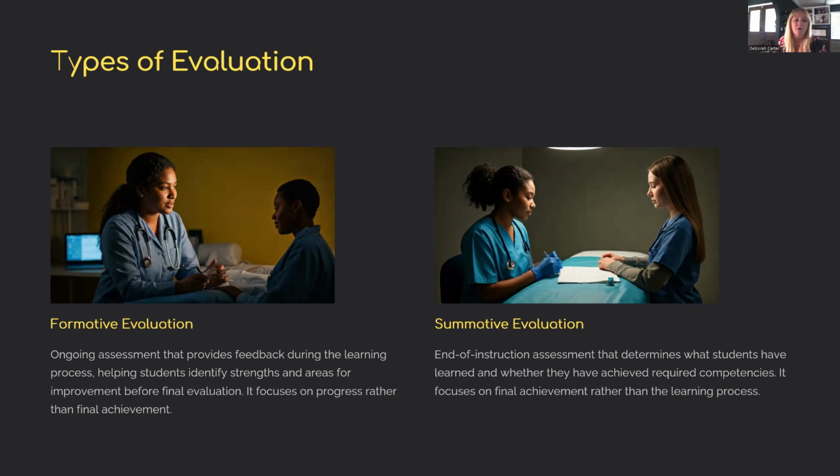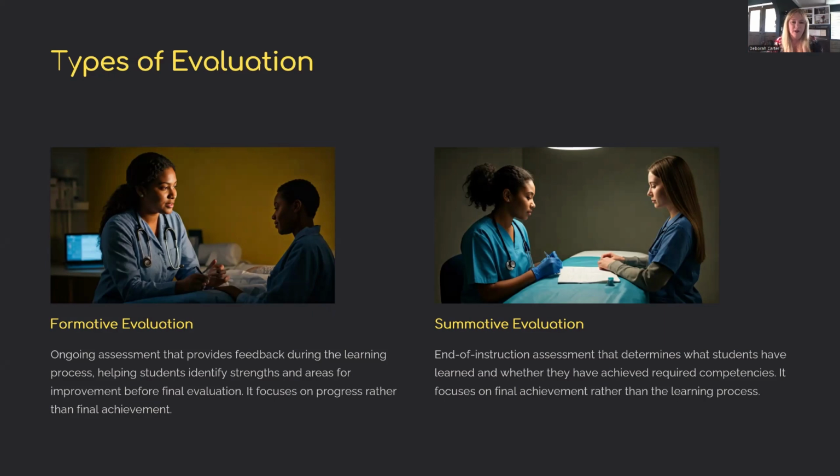So formative evaluation is your ongoing evaluation that provides assessment and feedback during the learning process, helping the students identify strengths and where they need improvement. For example, you teach chapters 1, 2, and 3, you give an exam, they can see where their strengths and weaknesses are, and we move forward in the learning process with that.